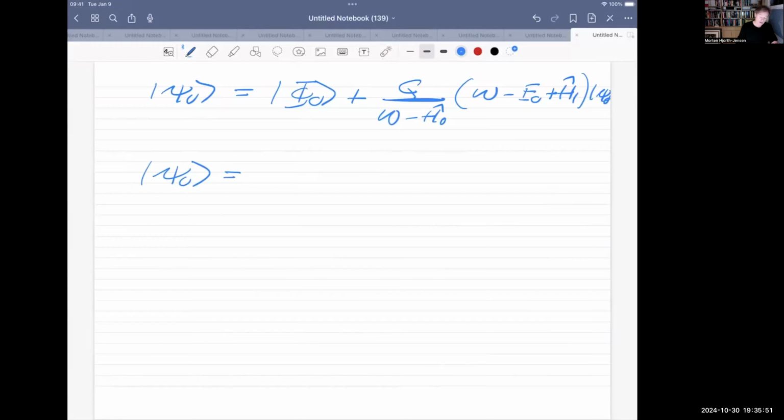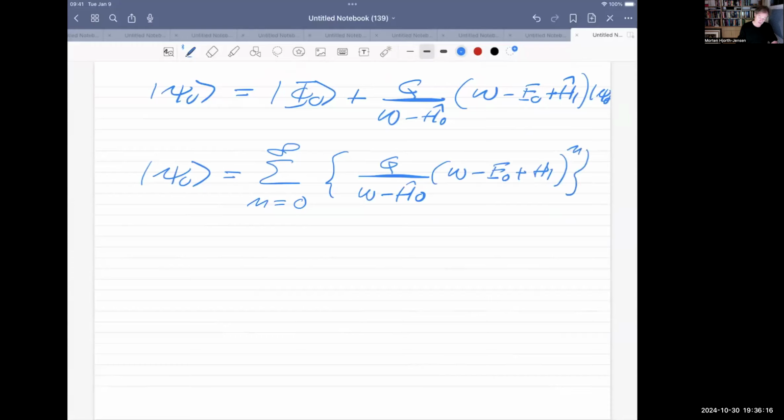So at the end, I can rewrite my equation for psi 0 in terms of a sum from n equals 0 to infinity, with Q over omega minus H0 multiplied with omega minus E0, the exact energy, plus H of I, to the power of n, acting on phi 0.